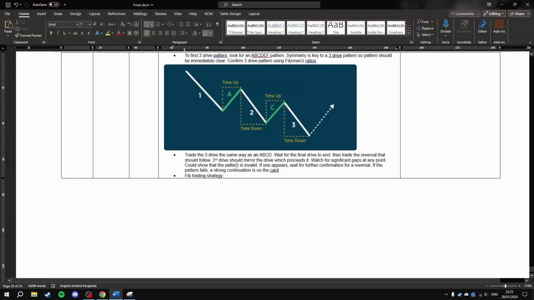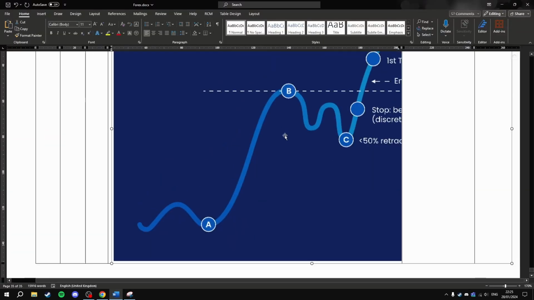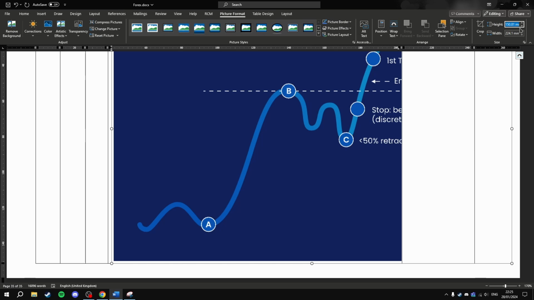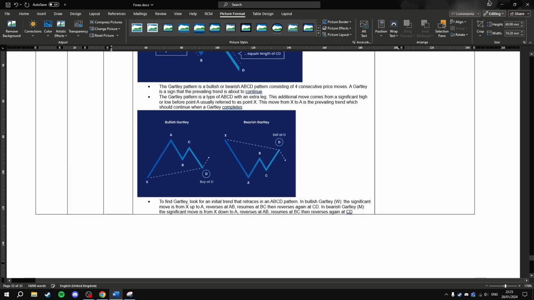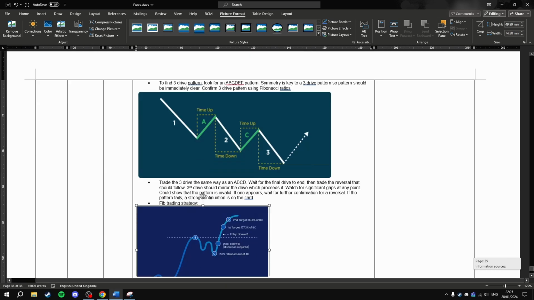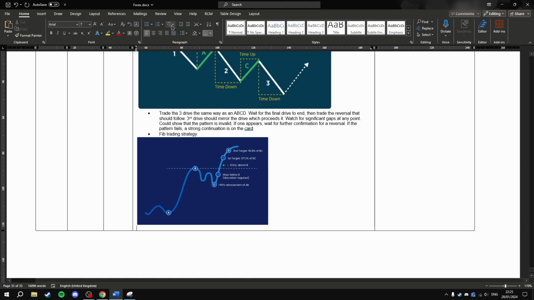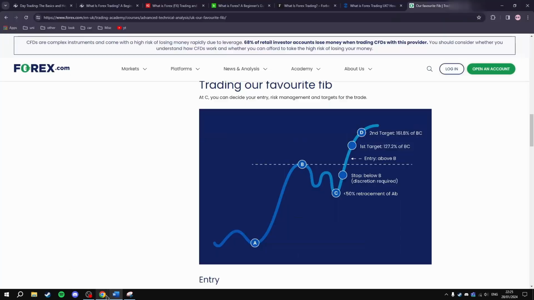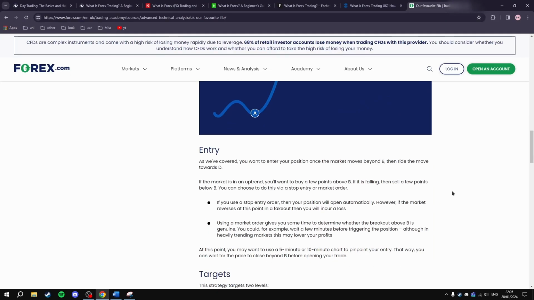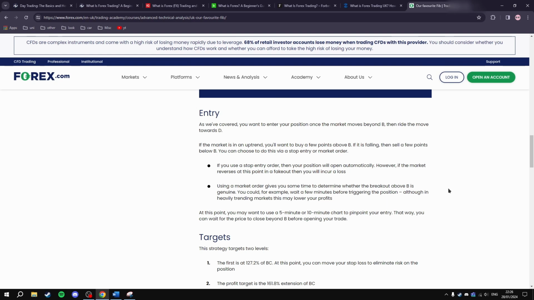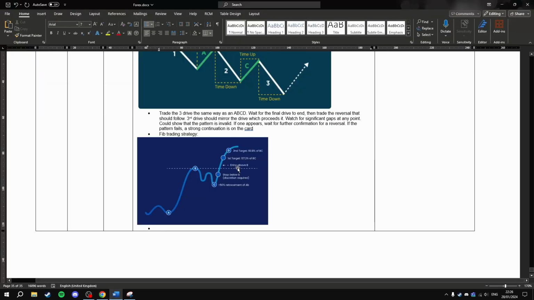Copy. That's 49.99. Like that, okay. Right, and then second target. I think this diagram explains it all, to be honest.